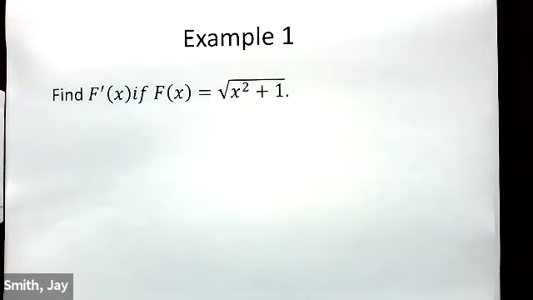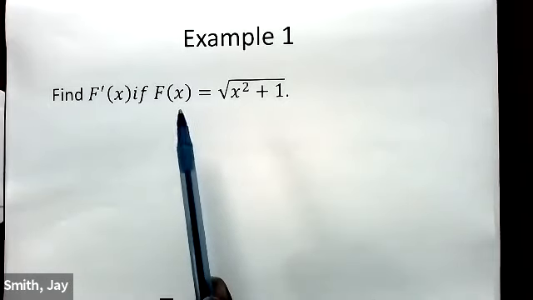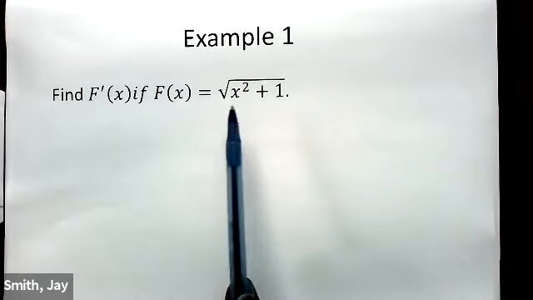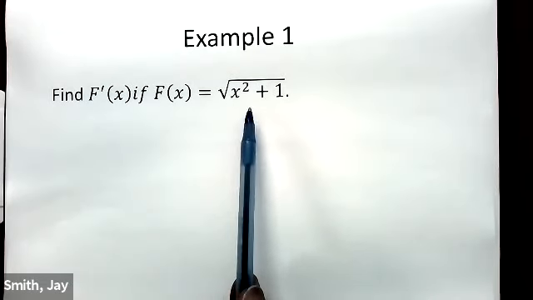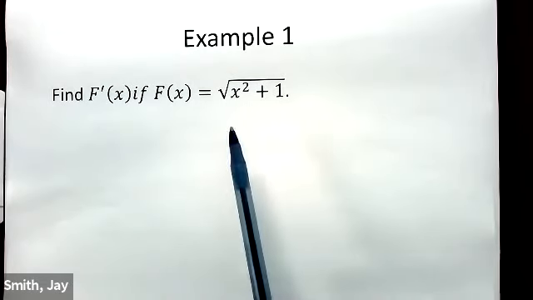For example one, we're asked to find f prime of x if f of x is the square root of x squared plus 1. The first thing that I would do is recognize that this is a chain rule problem by remembering that the square root of x is the same thing as x to the 1/2 power.